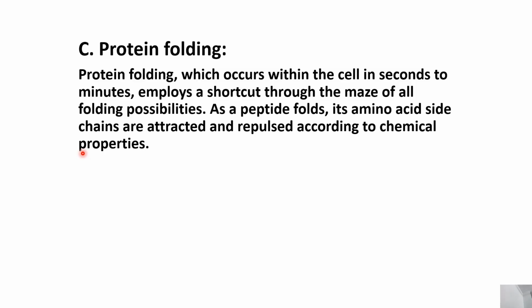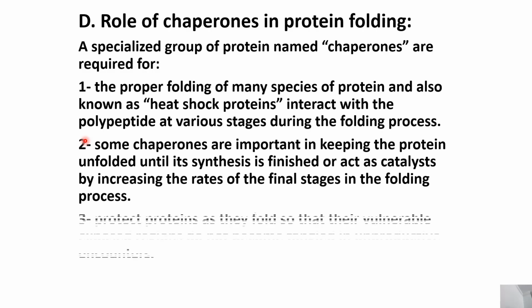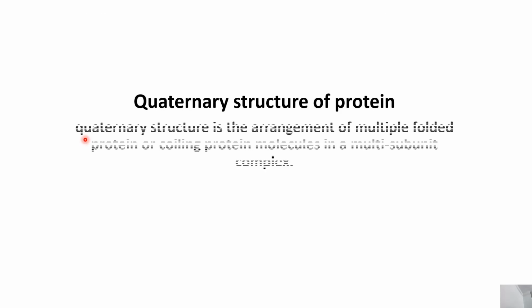Protein folding, we have also discussed in one of our previous classes, occurs within the cell in seconds to minutes. This implies a shortcut through the maze of all folding possibilities. As a peptide folds, its amino acid side chains are attracted and repulsed according to their chemical properties. We will not go into the details of chaperones.